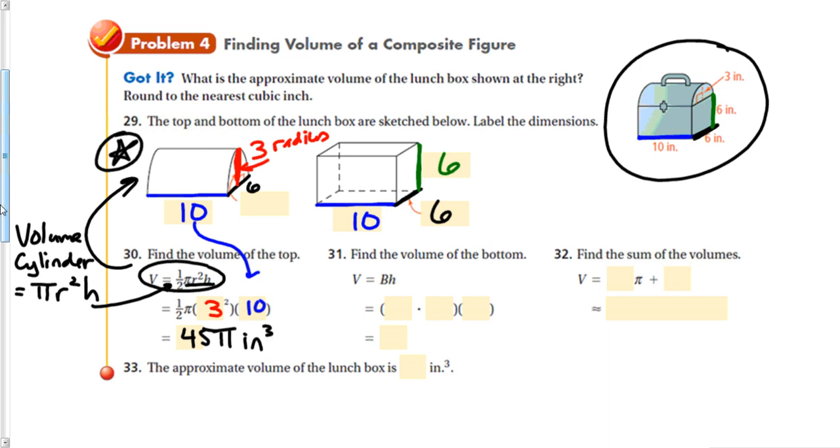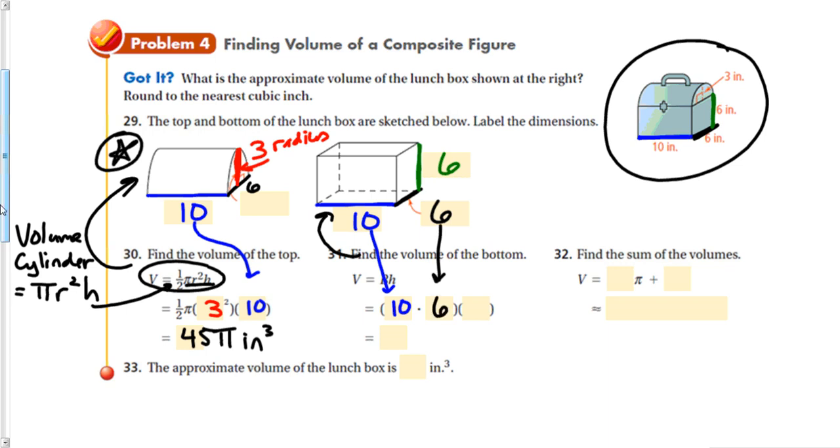Next, I'm trying to find the volume of the bottom. Now I'm talking about this prism right here, and the volume of a prism is base times height. Do I need to do any adjustments to this prism? Do I have only part of the prism? No, this one's actually good. This is the entire prism, so it's going to be the area of the base times the height. The area of the base is going to be 10, which is this part, times the width, 6.